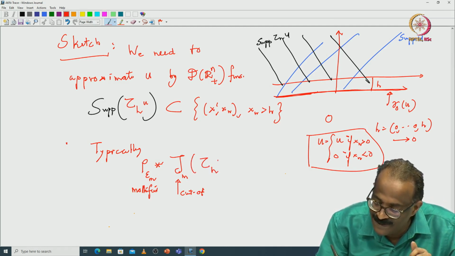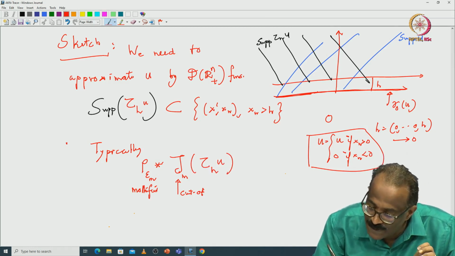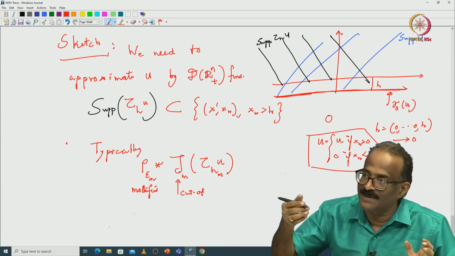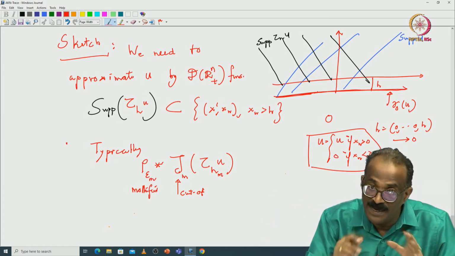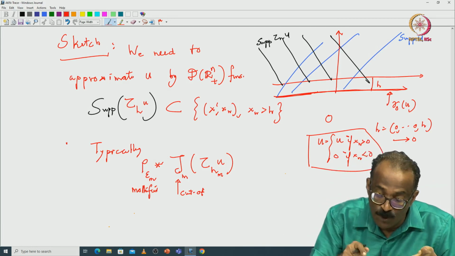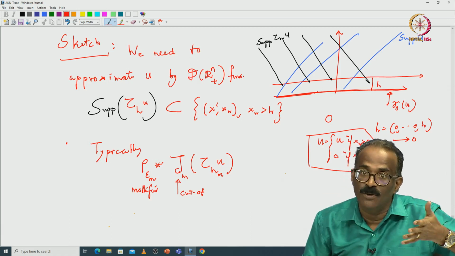So you see u, tau h. h also we can write as some hm, where hm goes to 0 as m tends to infinity. So zeta m will make it compact support, tau h will translate, so that when you operate with rho epsilon m it will not go out, and you will get D omega functions.